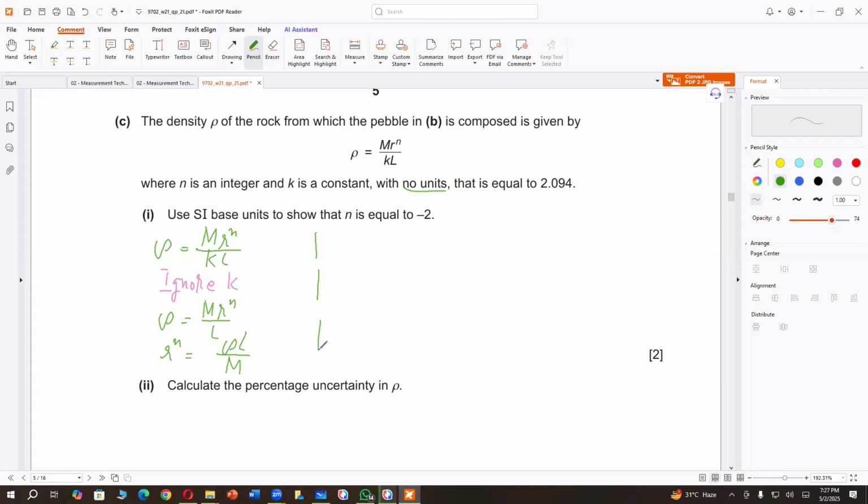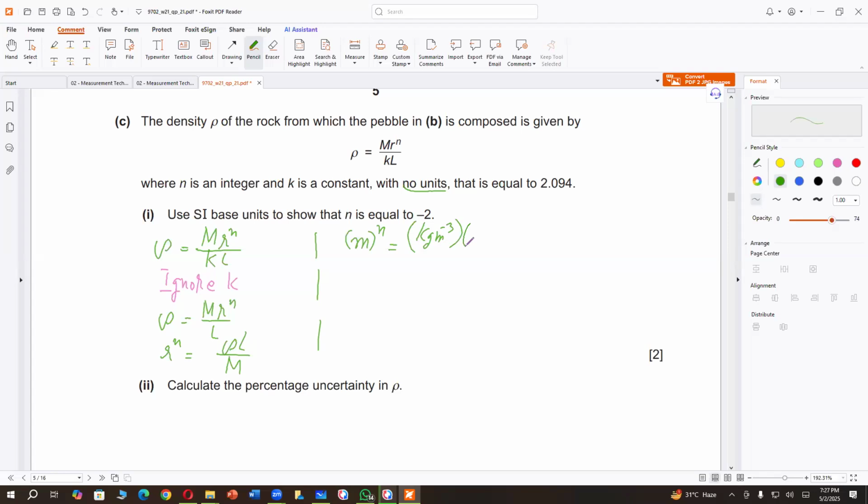I have done till here. So what is the unit? R is the radius. So what's the unit of radius? It will be meter power N. The unit of density is kg m minus 3.